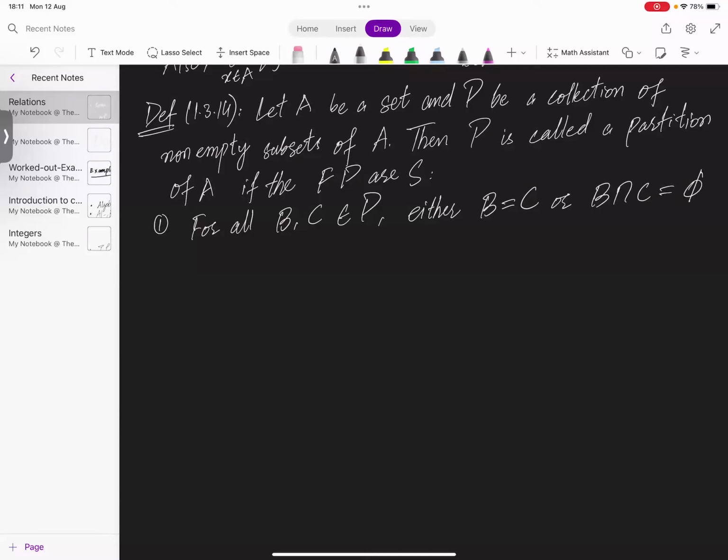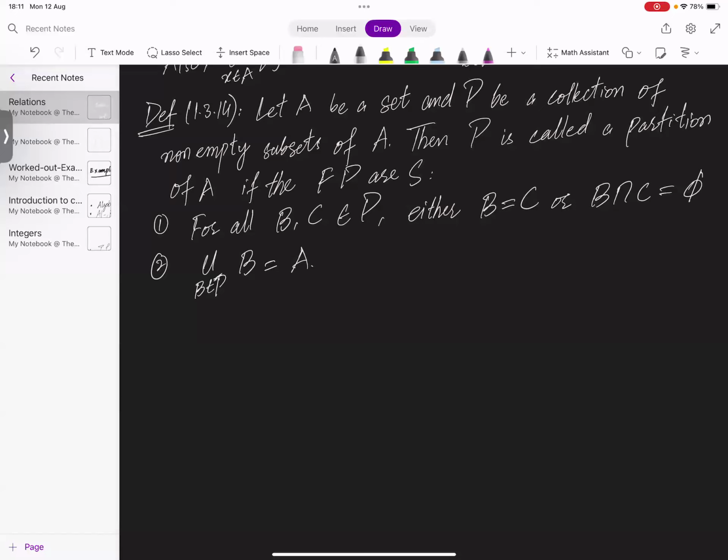Number two, the union of all the non-empty sets inside this P is equal to A.